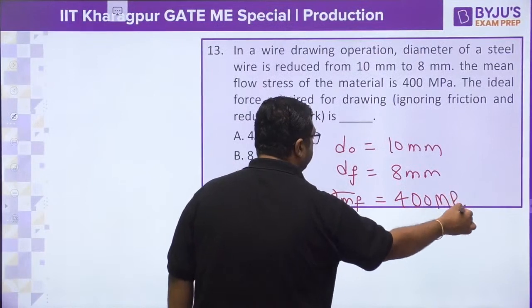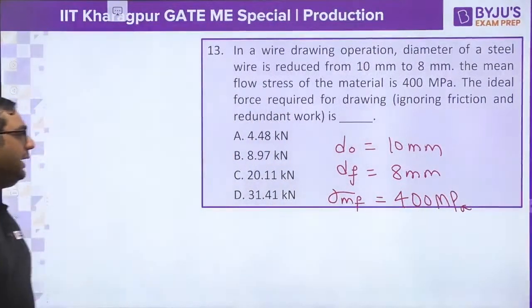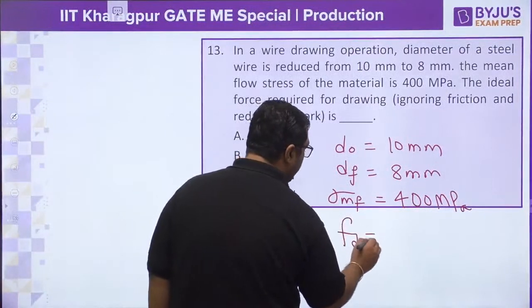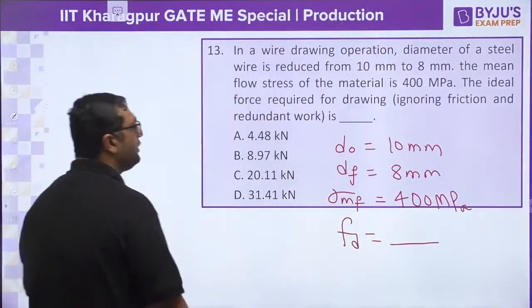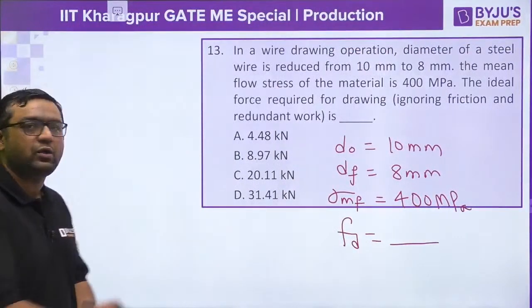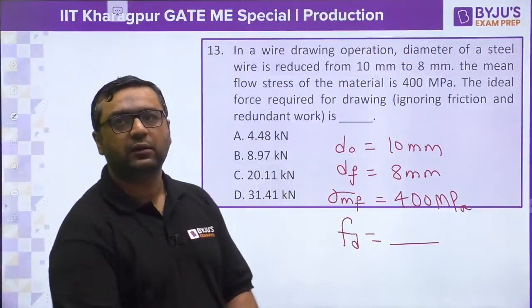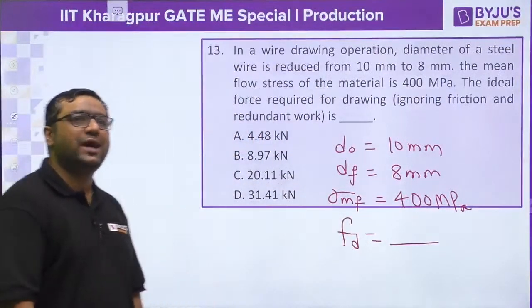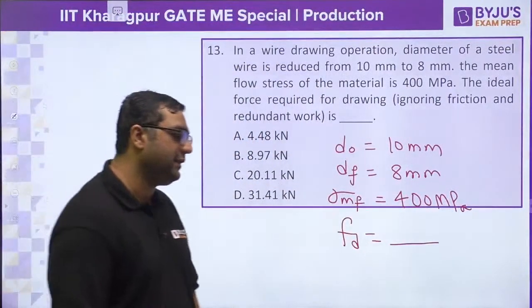The ideal force requirement for drawing; ideal means you need to ignore the friction and redundant work. So you need to find out the drawing force requirement. Very good question. So guys, solve this and get the answer.